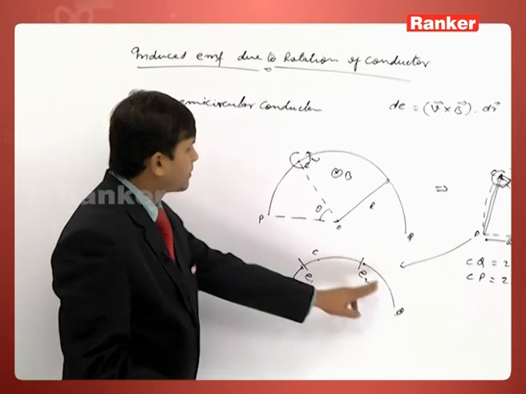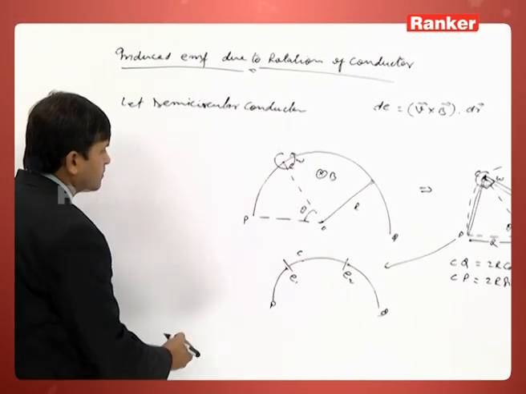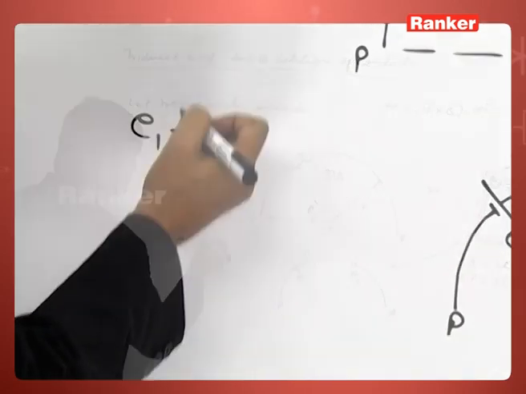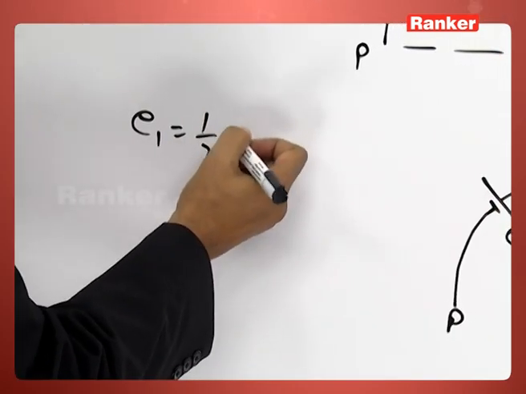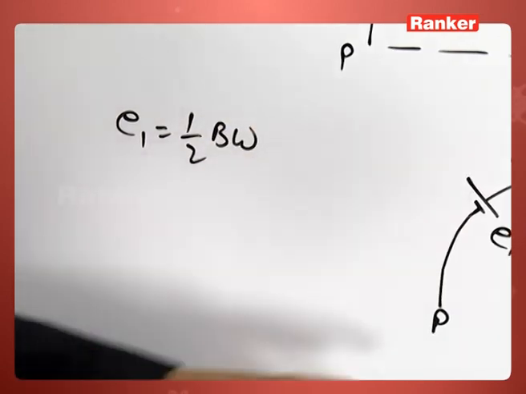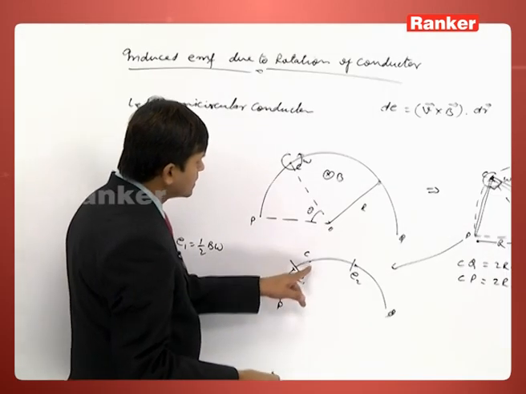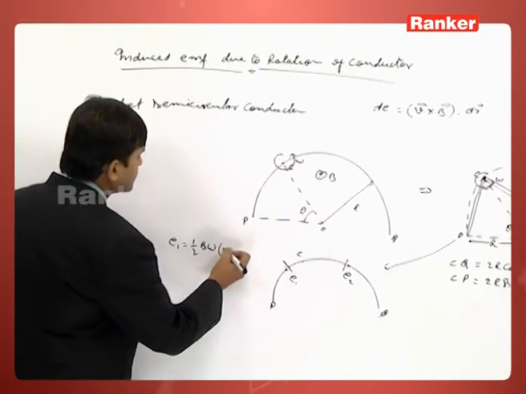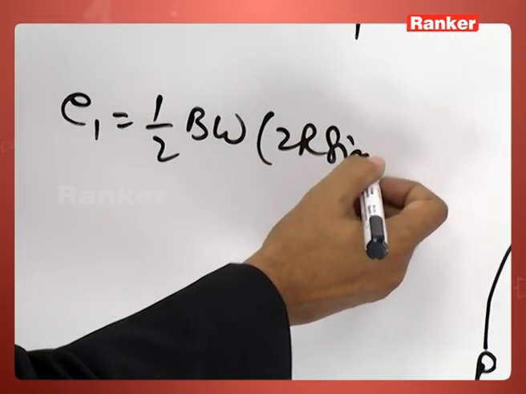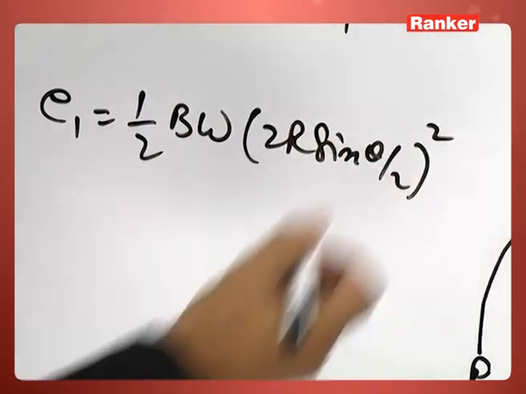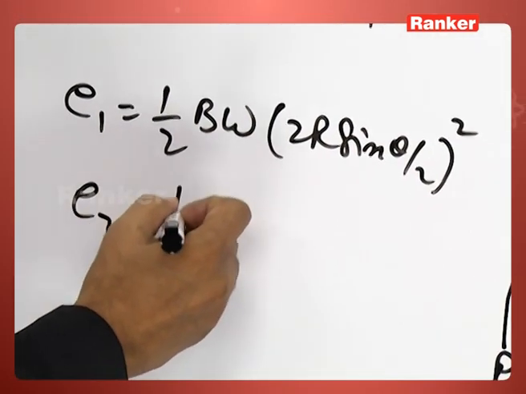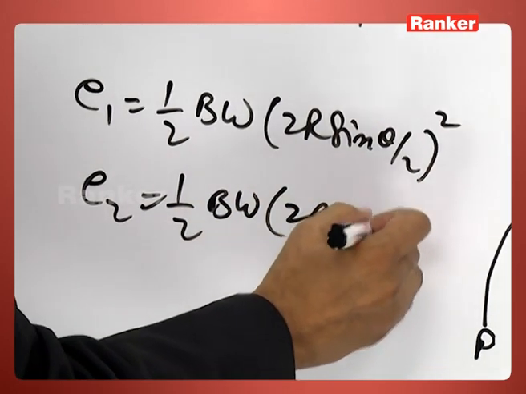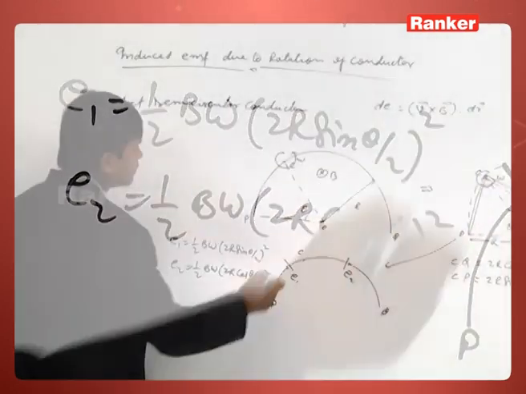So now we can apply Kirchhoff's law from P to Q, and we can calculate E1. E1 is half B omega L square, where L is the length CP. CP we have already found as 2R sin theta by 2, whole square, and E2 is half B omega (2R cos theta by 2) whole square.